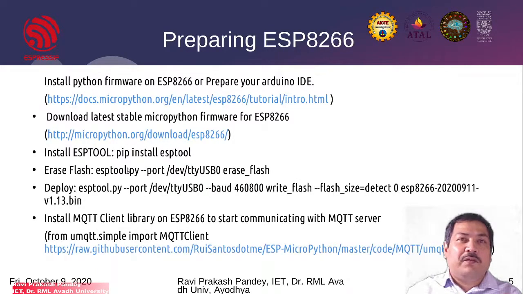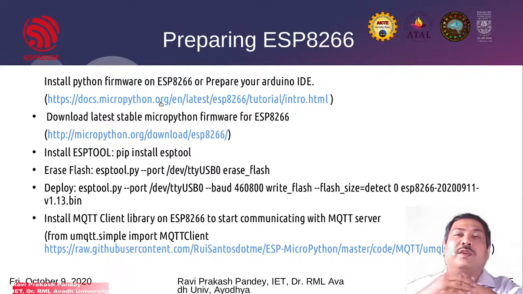Once you have erased the flash, you have to deploy the new firmware, for which you will use the firmware that you just downloaded, and you have to set the baud rate. All these instructions are given in this tutorial, so please go by that, from micropython.org, who have developed this firmware. It's open source firmware. You can make changes to it. It's available on GitHub also, I think, but I'm not very sure.